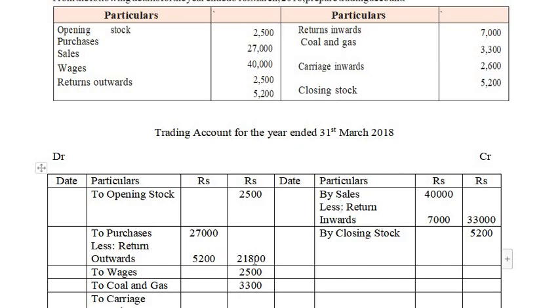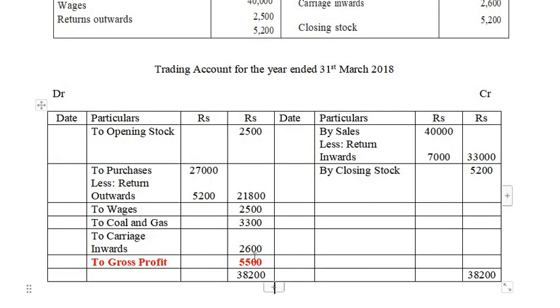Then total it. Just see the total. The total on the left hand side is how much? That is 21,800, 2,500 and 2,500, 3,300 and 2,600. Adding these, you get some value.